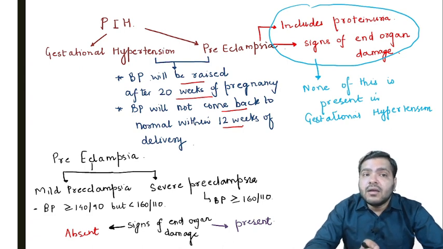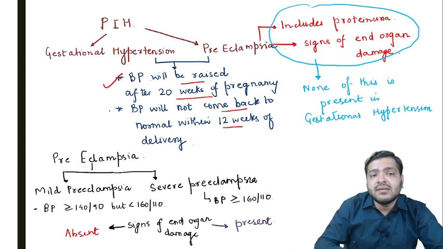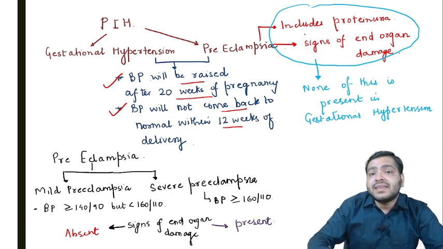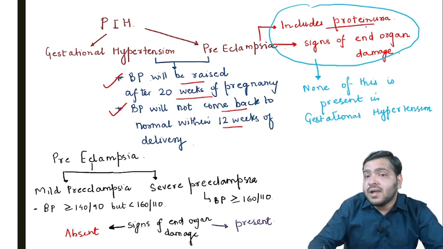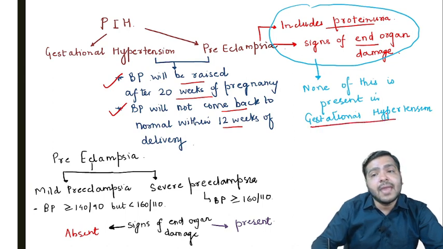Now, both parts of pregnancy induced hypertension, whether gestational hypertension or preeclampsia, share these two points. But what extra you will find in preeclampsia is proteinuria, and along with that signs of end organ damage, and none of these two things will be present in gestational hypertension.